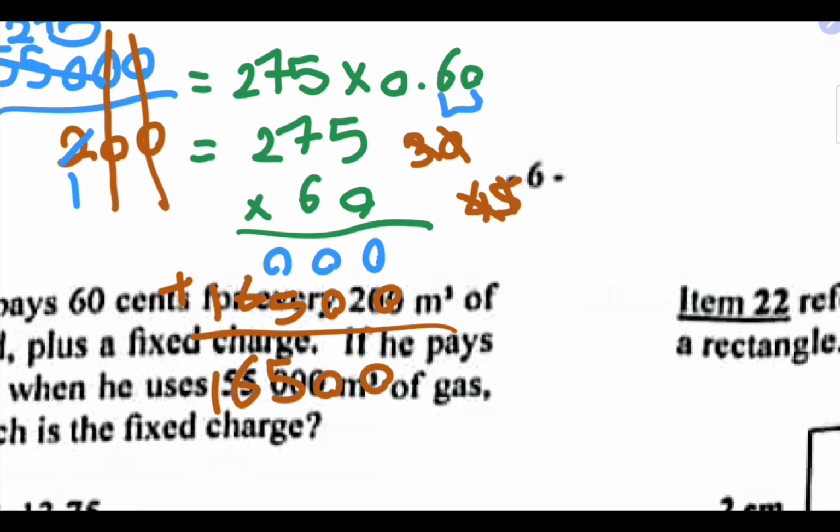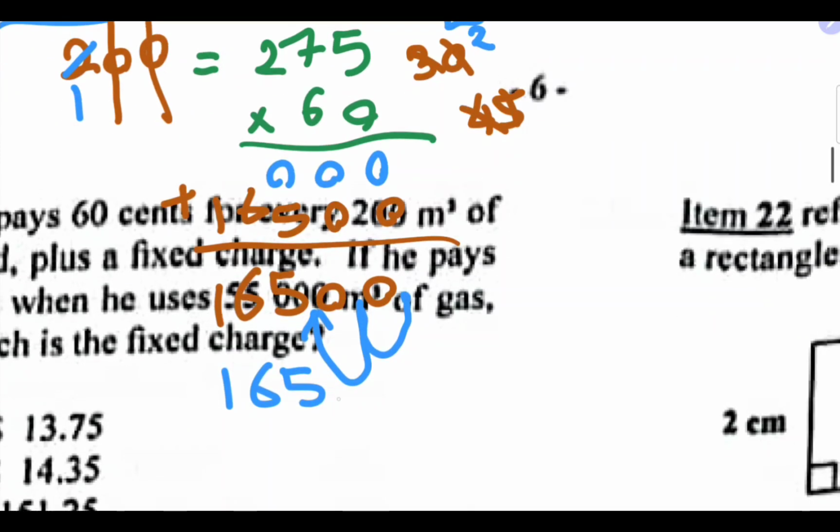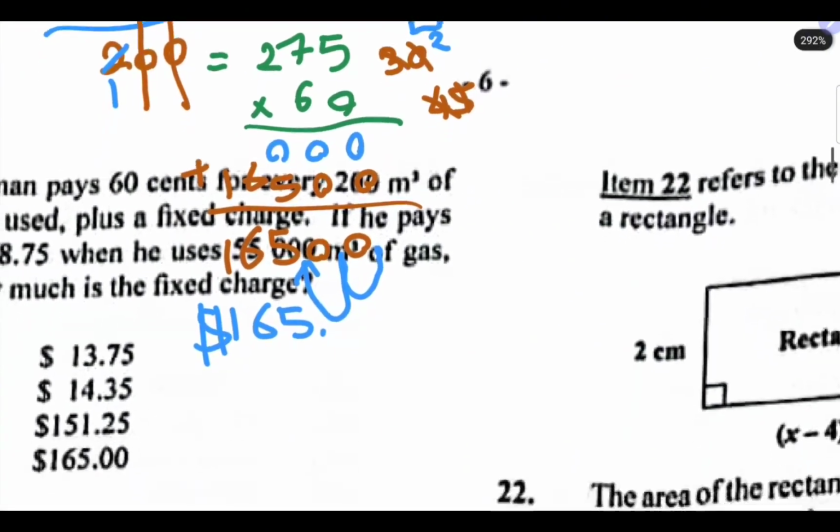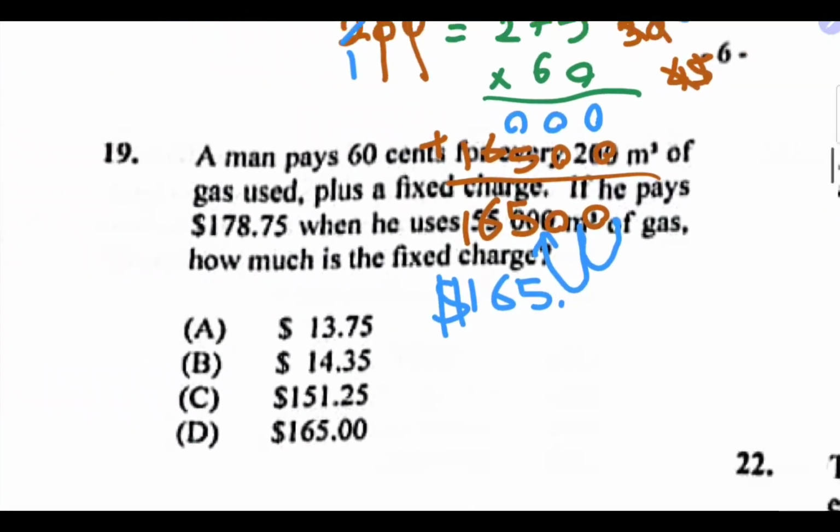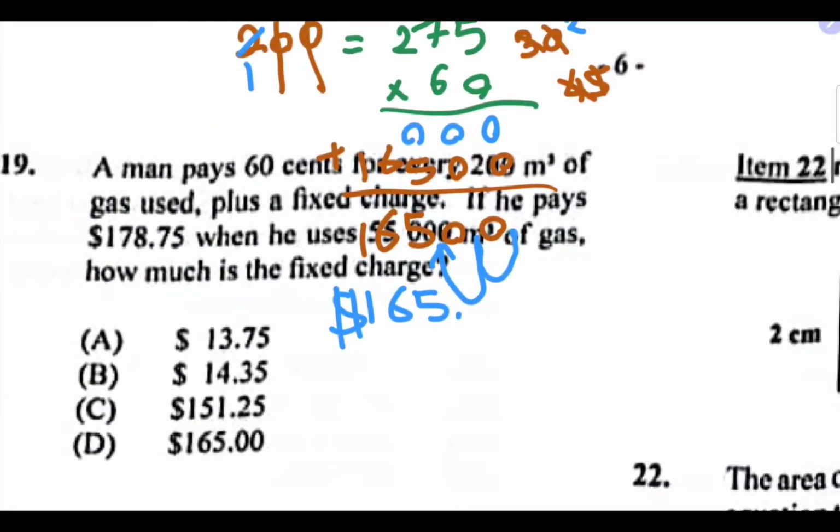Put back the decimal point 2 places. So now you have 165. So that's $165.